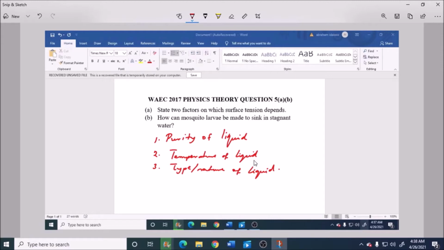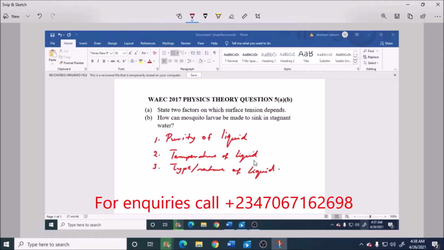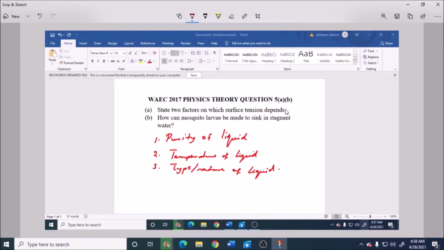Now the B part of the question says how can mosquito larvae be made to sink in stagnant water? Now mosquito larvae can be made to sink by the addition of any of, let's begin with number one, detergent or soap.